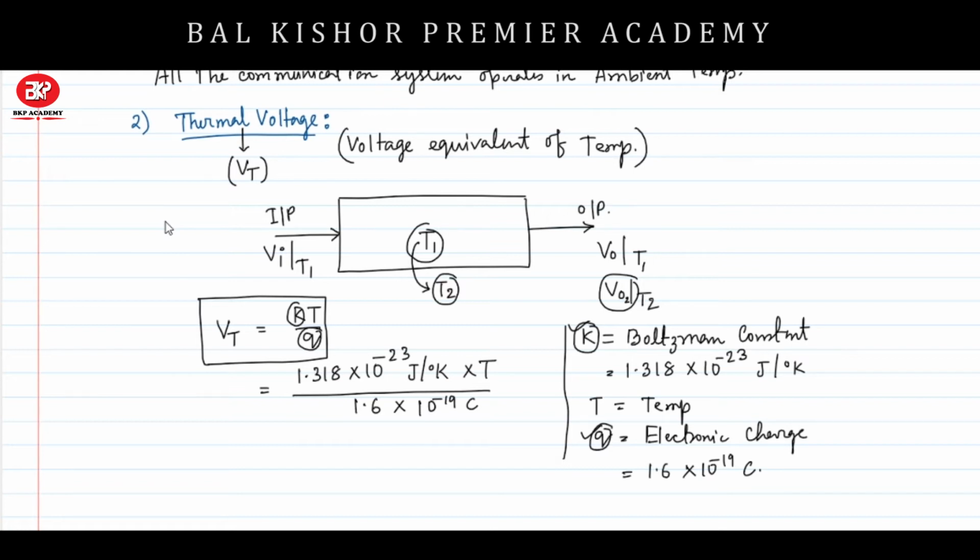If we calculate this equation, we will get T divided by 11,600. So we get the Vt equation as T divided by 11600, and the unit of this equation will be volt.